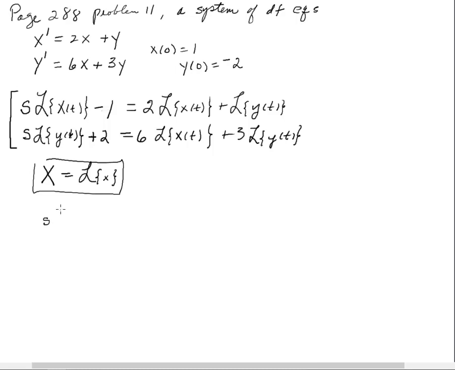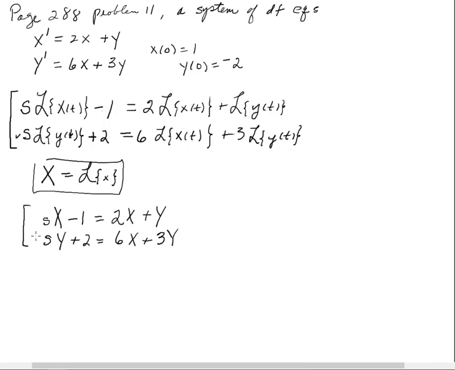We'd have s times capital X minus 1 is equal to 2X plus capital Y. And this second equation would be sY plus 2 is equal to 6X plus 3Y. And those are the simultaneous equations.